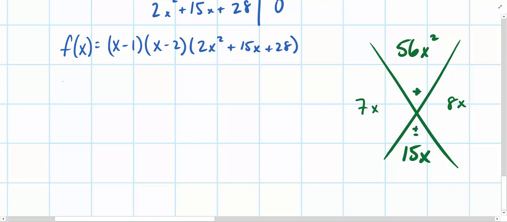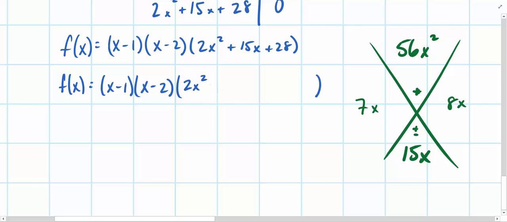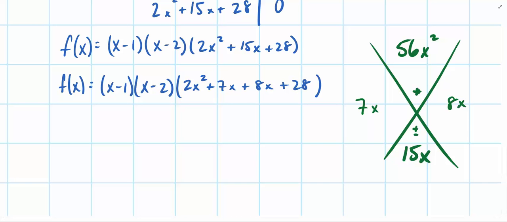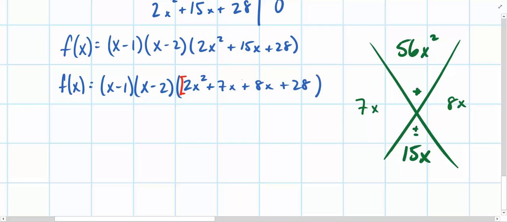So I think we can rewrite this function again. I'll leave x minus 1 and x minus 2 alone, but at least this polynomial in the center can be rewritten now as 2x squared plus 7x plus 8x plus 28, and now we can factor by grouping and see what we get.